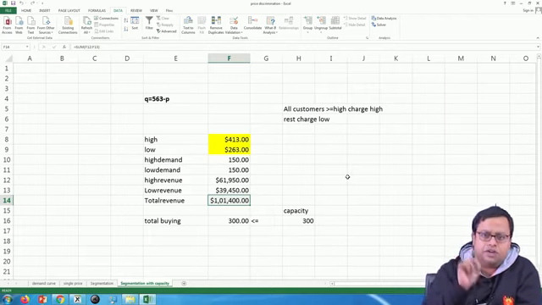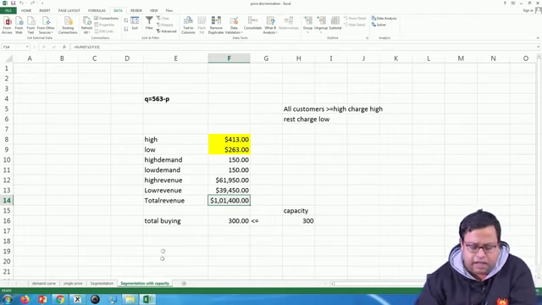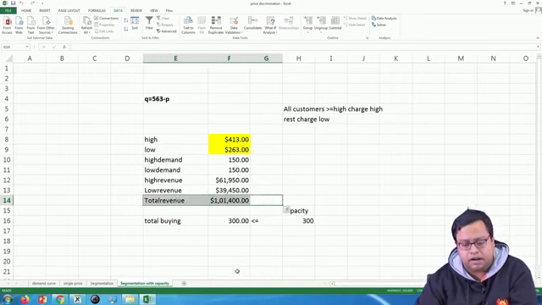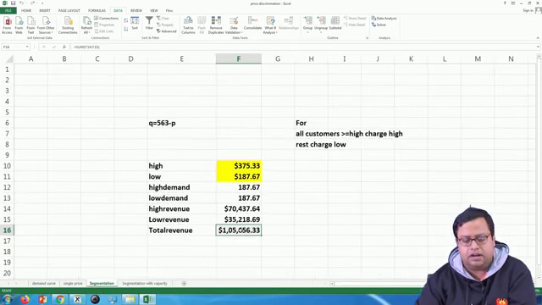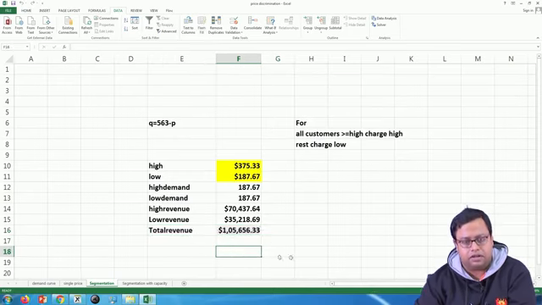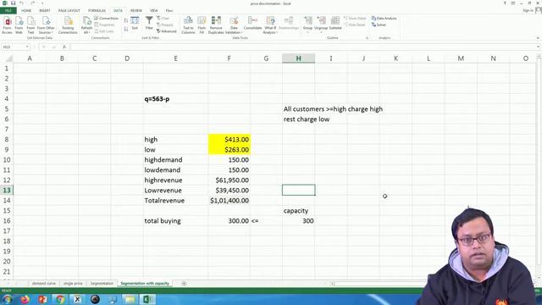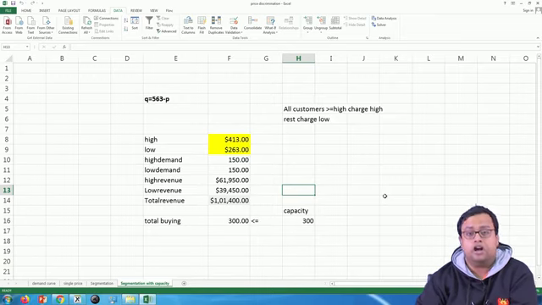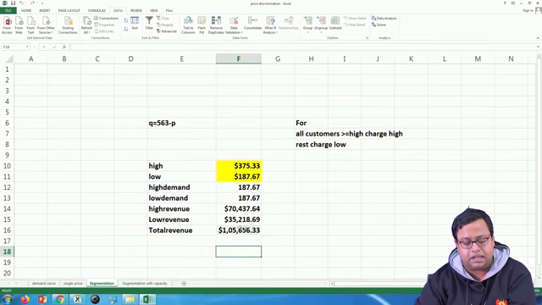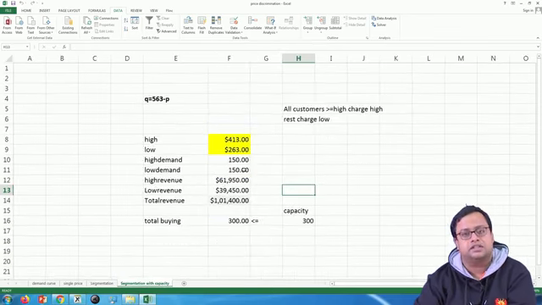Now, I have a small question at this point. Can you tell me why this value, $101,000, is lower than $105,000 here? Here I am getting $105,000, here I am getting $101,000. Why is this smaller? This is smaller because there is a capacity constraint. When the optimization is done, it has already considered this situation.